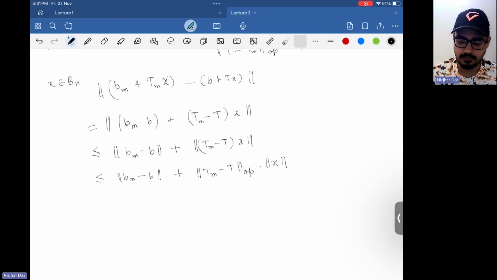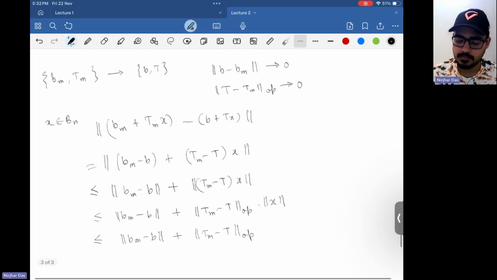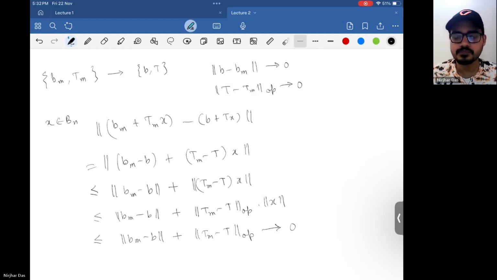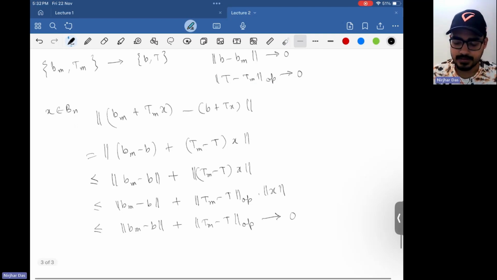And therefore, we have Bm minus B plus the operator norm of Tm minus T, right? And note that both of them tend to 0. This goes to 0, this goes to 0. So therefore, we can write that this goes to 0. Therefore, we are fine, right?